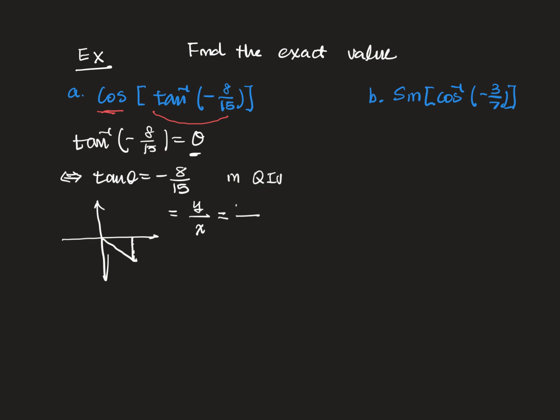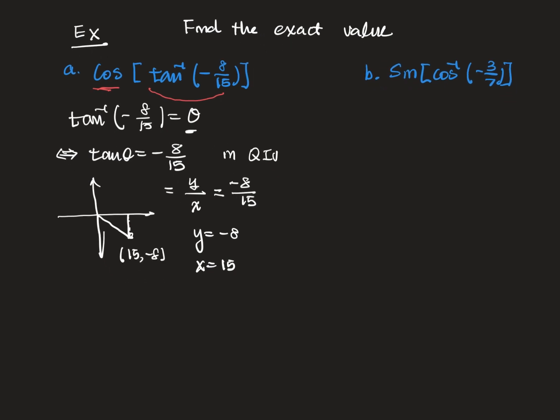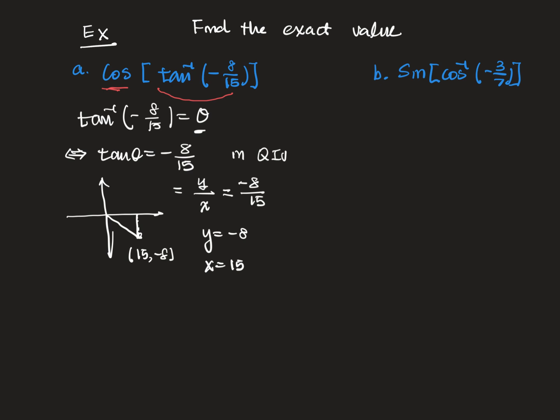So this time, y equals negative 8, x equals 15. So this point is going to be (15, negative 8). Guys, make sense? Now, look at this one. Since arctangent is theta, this expression is changed to cosine theta. That's what we're going to find, guys.